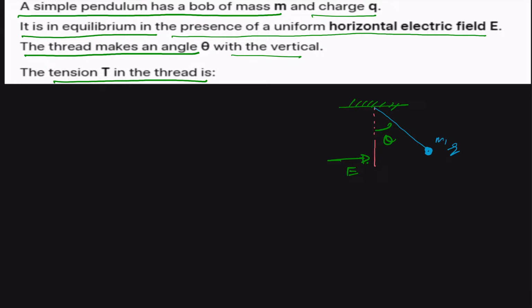Let us suppose this is tension T and we can divide this into two components. So this will be theta, we get T cos theta and T sin theta, and in this particular position the bob will be in equilibrium. Therefore we can say component balance.